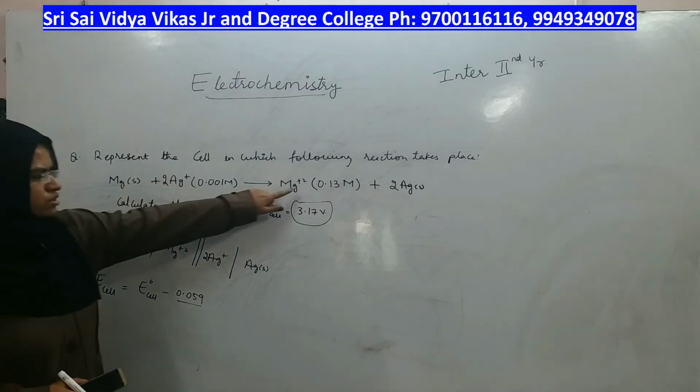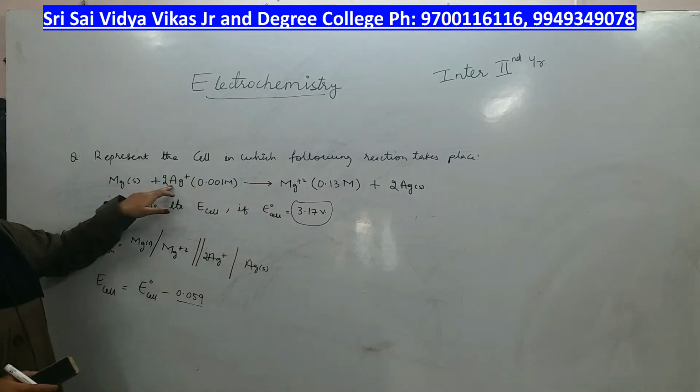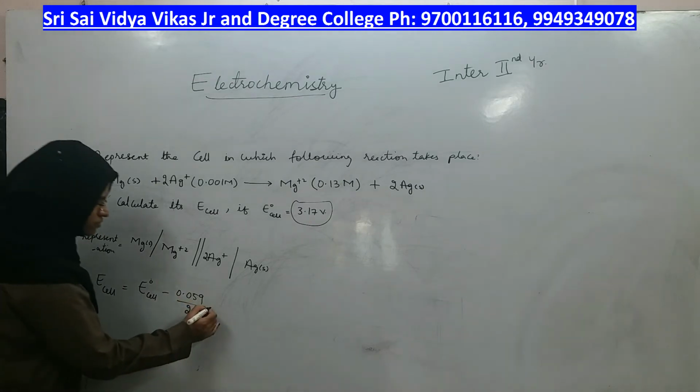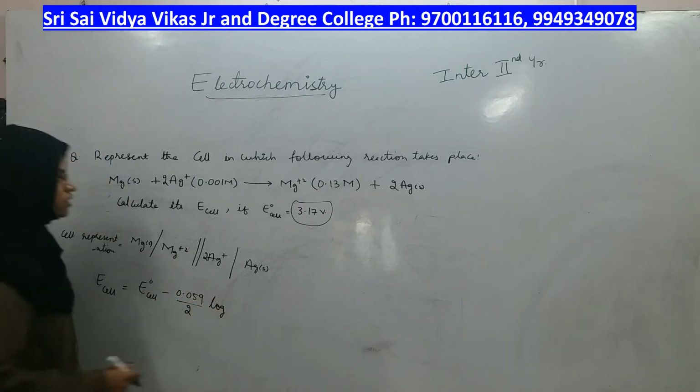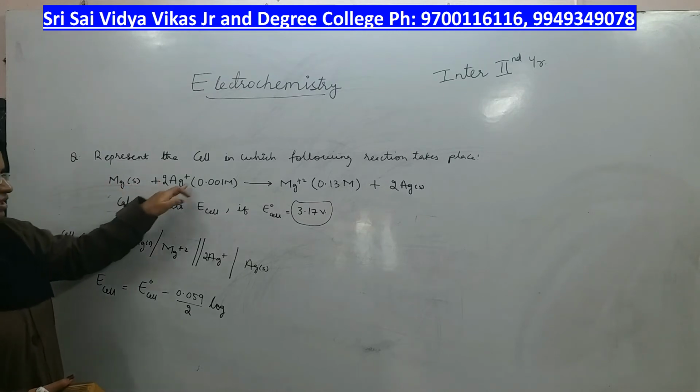Magnesium is losing 2 electrons, and the same 2 electrons are getting accepted by 2 silver ions. One silver ion accepts 1 electron, the other silver ion accepts another electron. So the number of electrons is 2. The log of pure metal concentration will always be 1, so leave it. Left with this ion and that ion only.